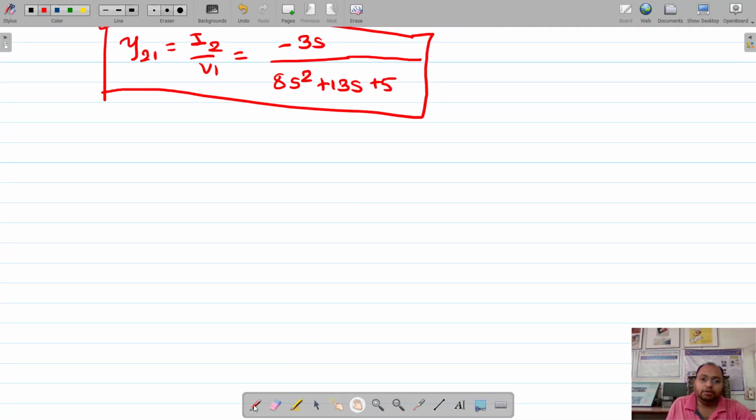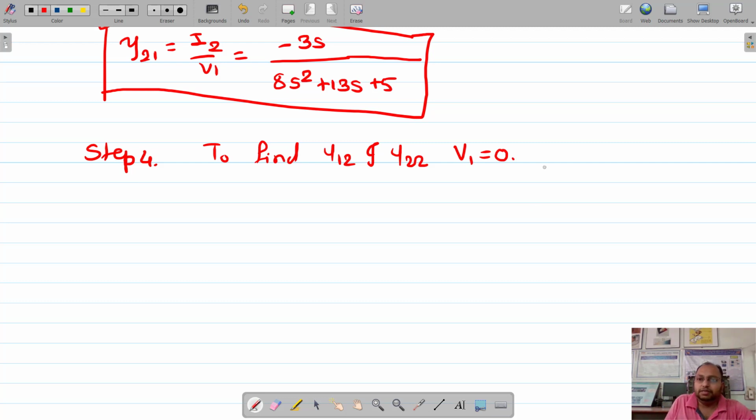Now let us go for step number 4, to find the other two parameters, that is y12 and y22. What we need to do? We need to make V1 equals to 0, is it? Yes, by making port 1 1 dash input port short circuit.